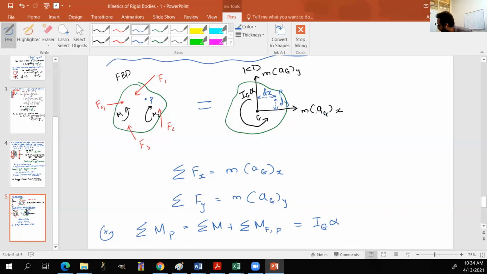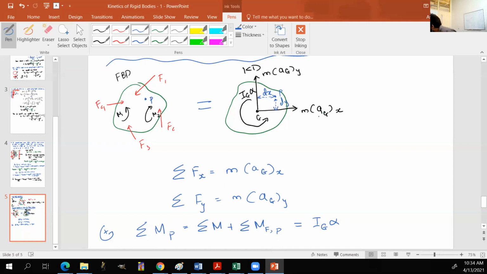So you will have moments due to these resultant MA forces, so to speak, about this point P. So we're saying that that direction is positive.